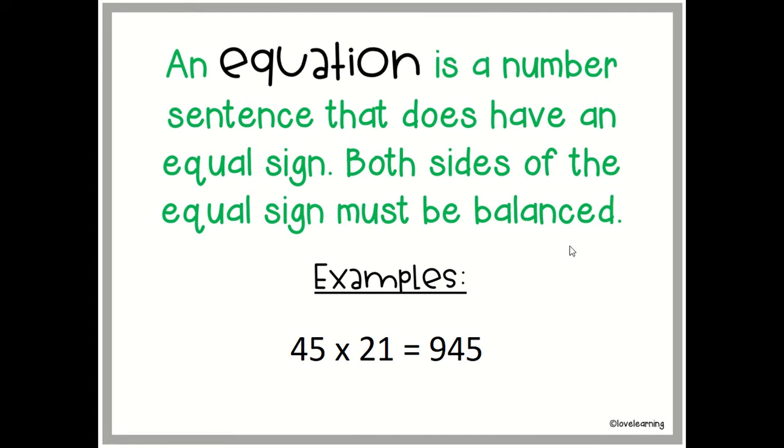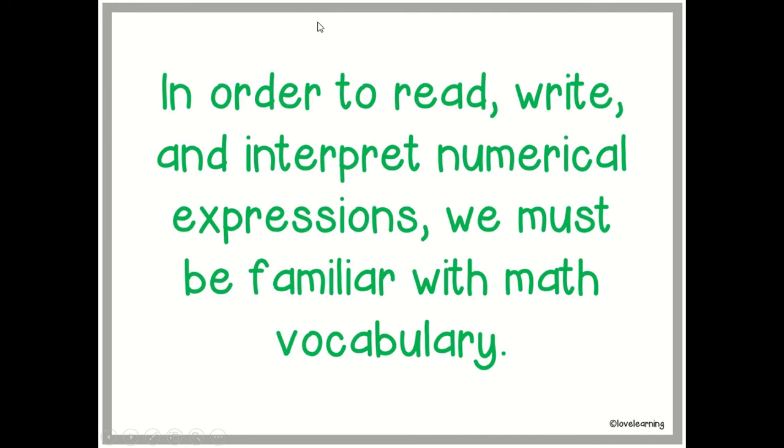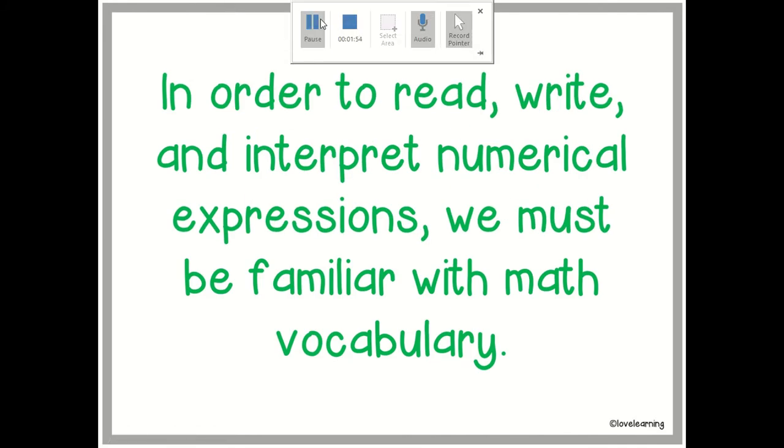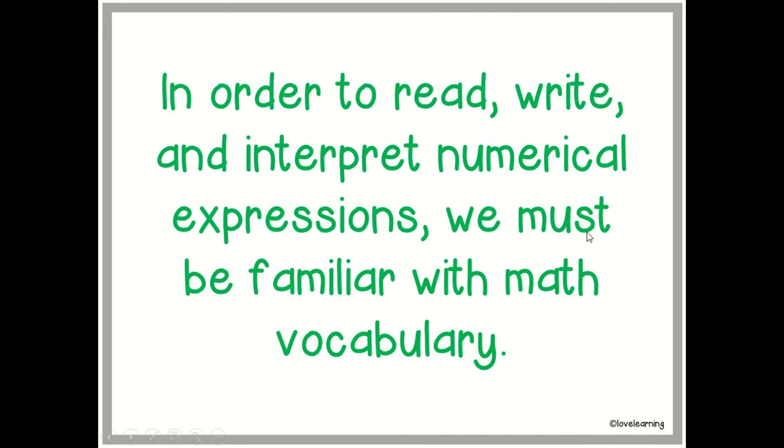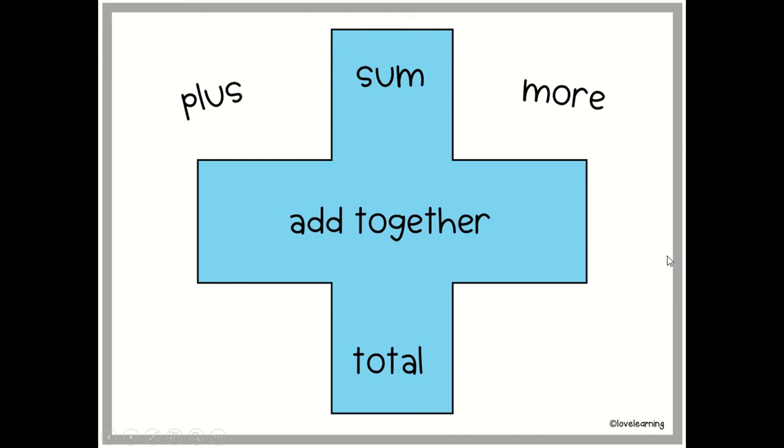So now that we know about expressions and equations, we want to see some math vocabulary that will help us while we're reading, writing, and interpreting the numerical expressions. First, let's talk about addition vocabulary. There are many synonyms, or words that mean the same as the word add. Here are some words that mean to add: plus, sum, more, add together, total.